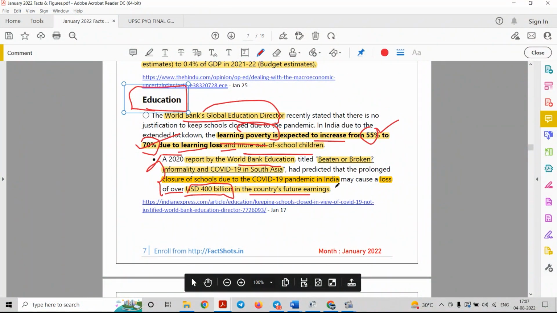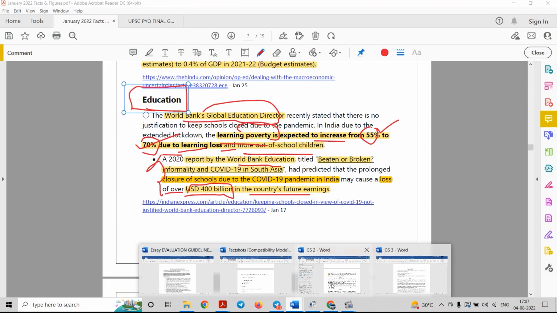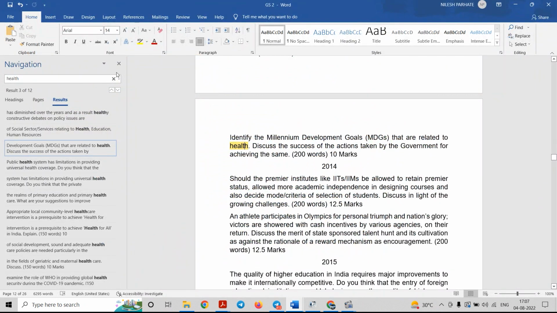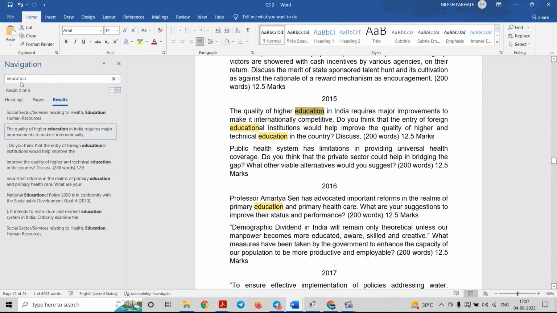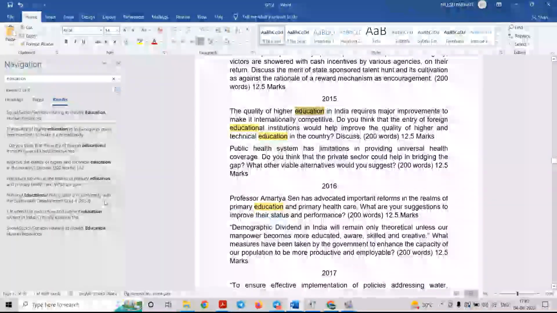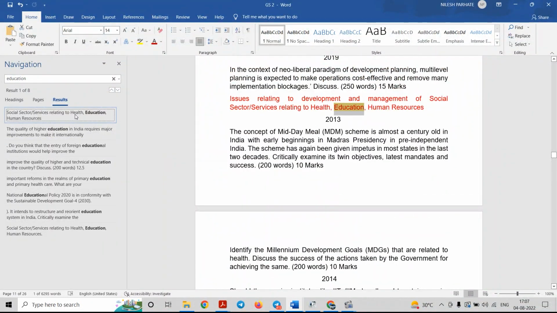So you can utilize such facts in questions related to education. Even recently a question was asked by UPSC: how will online education impact the education system in India. So in such questions which are related to current issues, we can quote such facts to get more marks in a particular question.